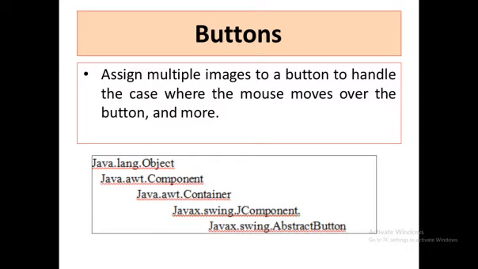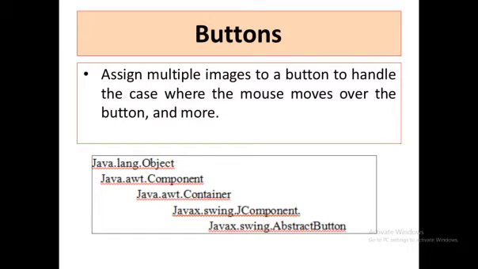The button class hierarchy. First of all, we are going to observe the hierarchy of the AbstractButton class. This class is derived from JComponent. It means we may observe the hierarchy like java.lang.Object.